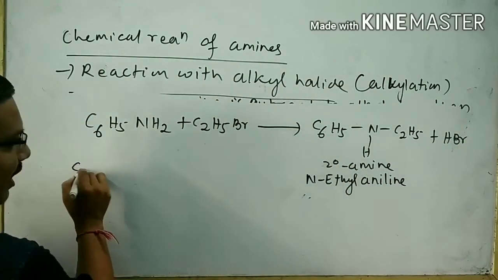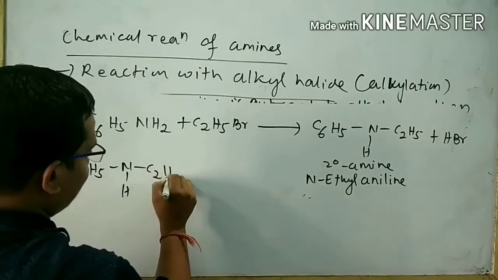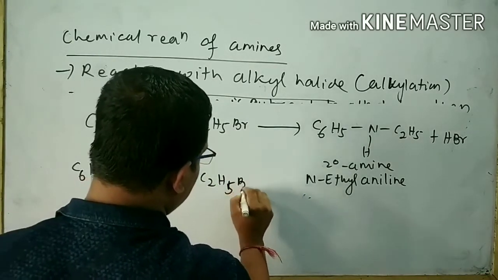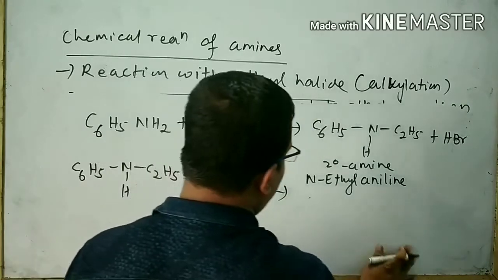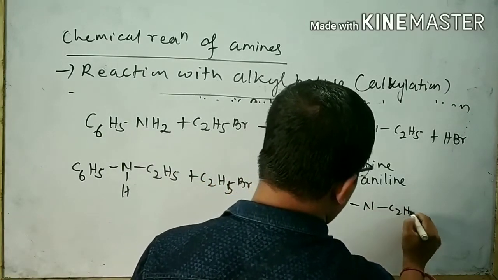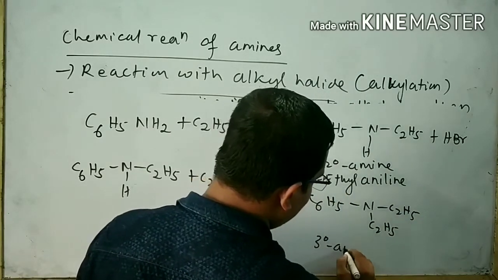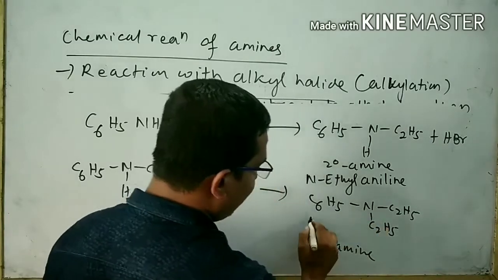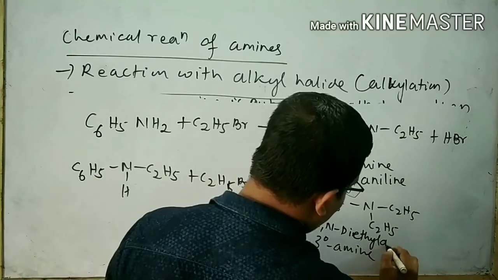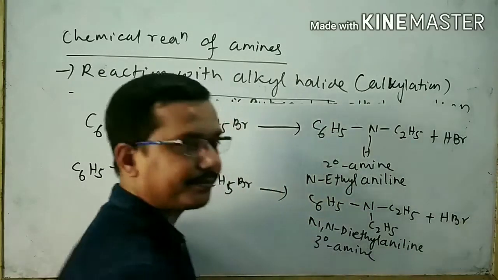Again, N-ethyl aniline subjected to reaction with another ethyl bromide molecule gives a 3-degree amine, that is C6H5-N(C2H5)2. This is a 3-degree amine, and the name of this compound is N,N-diethyl aniline, and the byproduct is HBr.